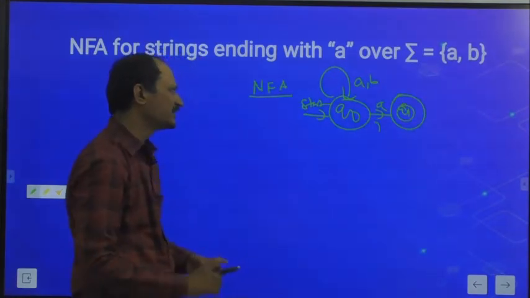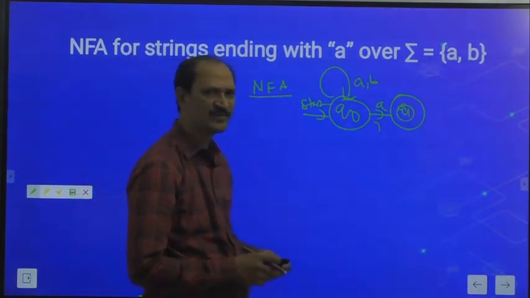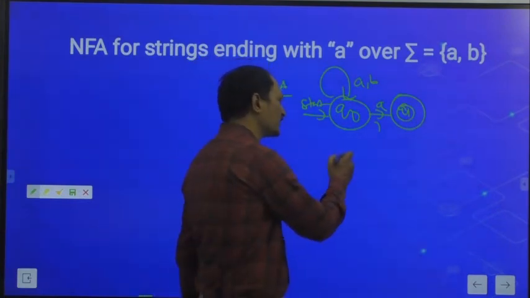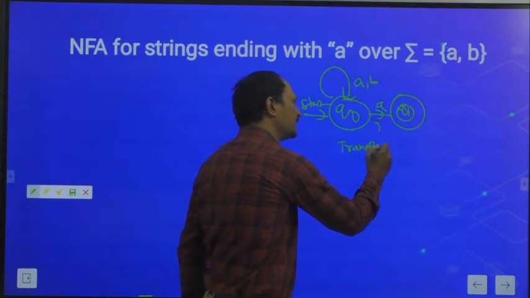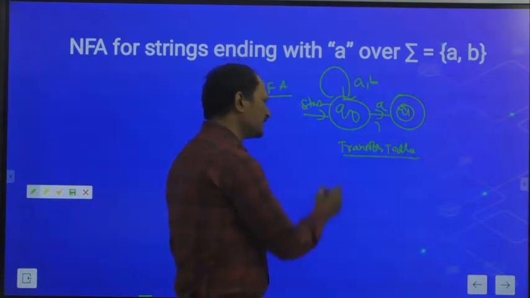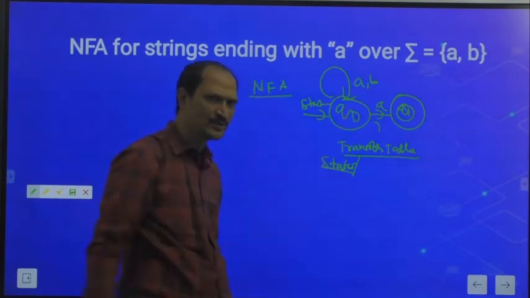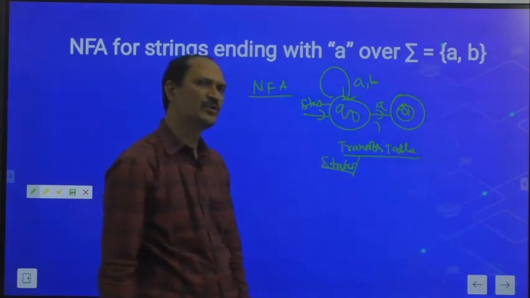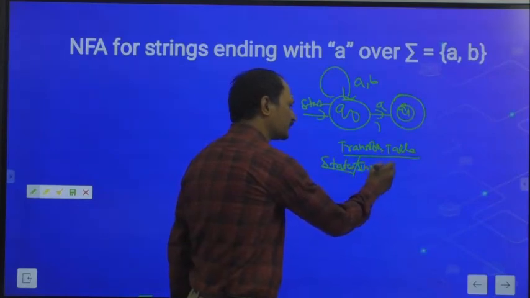Now this is a transition diagram for the NFA that accepts the set of all strings ending with A. So how am I going to draw a transition table for it? I always take rows as my states, and column-wise I take the input symbols that I apply on the states.